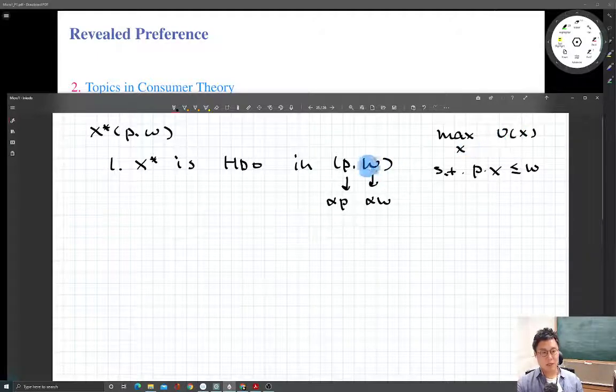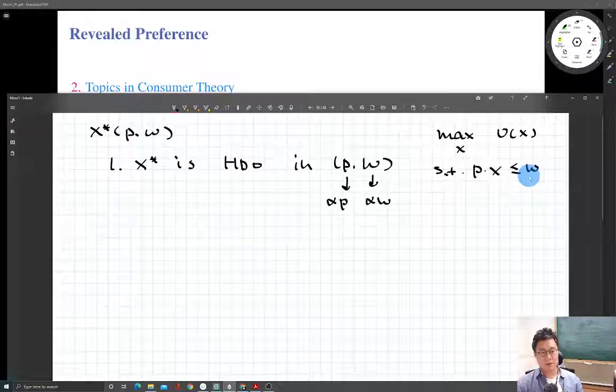This function is independent of these two parameters. But a change in p and w may affect the budget constraint. Under this configuration, if we increase p and w alpha fold, it does not change the budget constraint either. So the consumer will encounter the same optimization problem, so the optimal choice should be the same. So the first property of this Walrasian demand is due to the structure of the UMP.